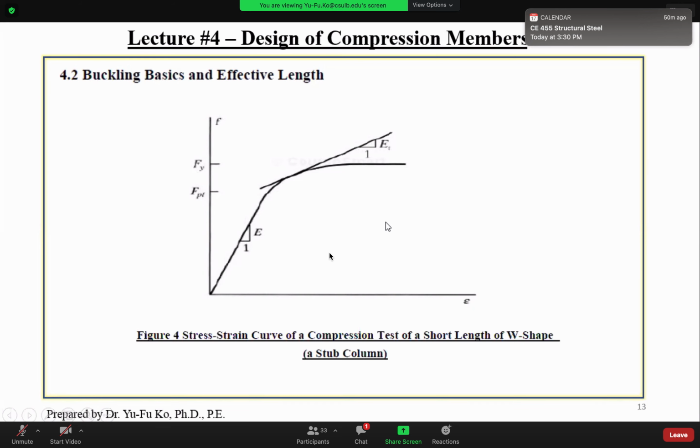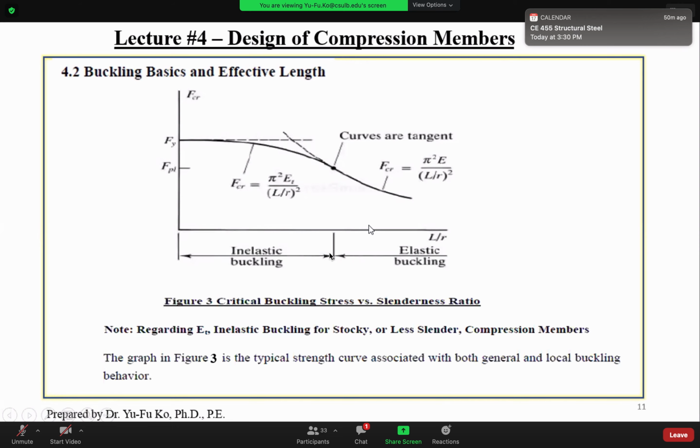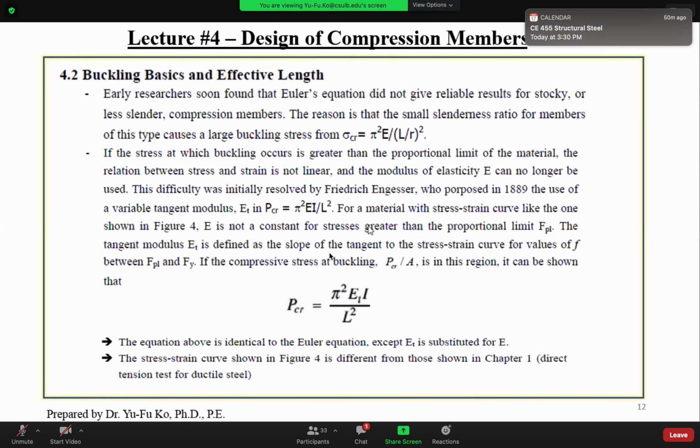All right, so let's go back to here. The early researchers soon found out that Euler's equation did not give reliable results for stocky or less slender compression members. The reason is that a small slenderness ratio for a member of this type causes large buckling stresses from the typical Euler's equation.